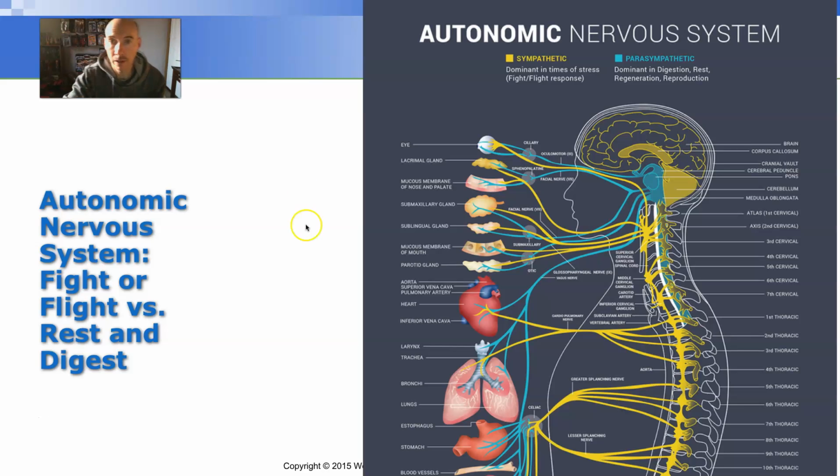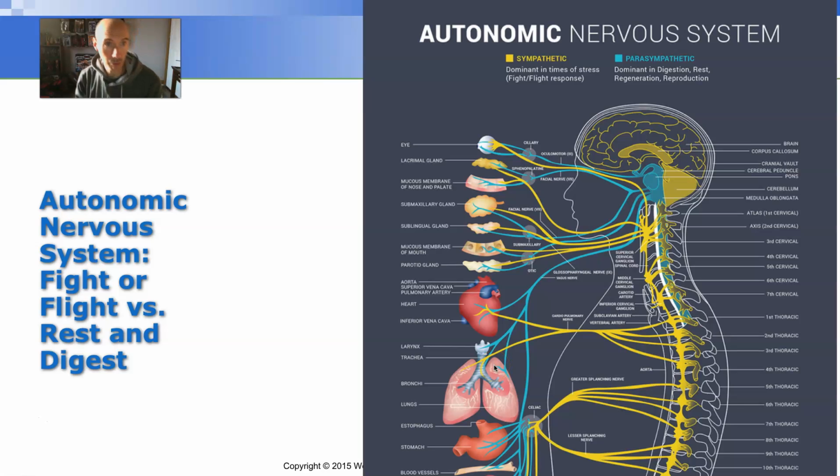You see here, the yellow lines represent sympathetic innervation. The green represents parasympathetic. In a lot of cases, these different tissues or organs are going to have both green and yellow. So we talked about the heart a second ago. It gets dual innervation. The lungs, again, are going to get dual innervation as well.